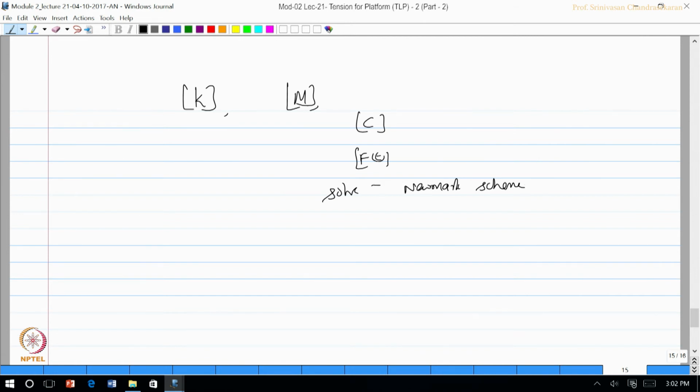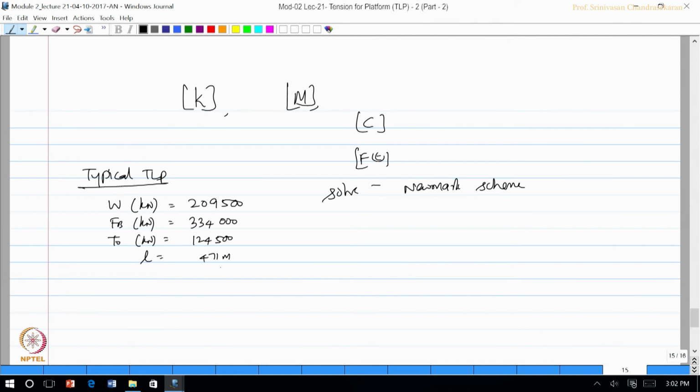Here, typical TLP, very interesting data, will have weight in kilonewtons as 209,500, buoyancy force in kilonewton as 334,000, T0 in kilonewton will be 124,500 for a length of 471 meters for a water depth of 500 meters.